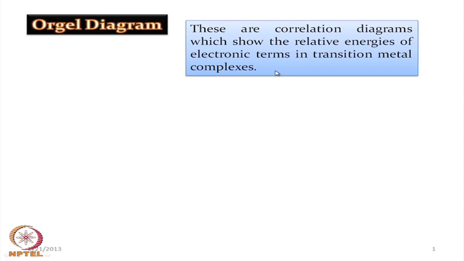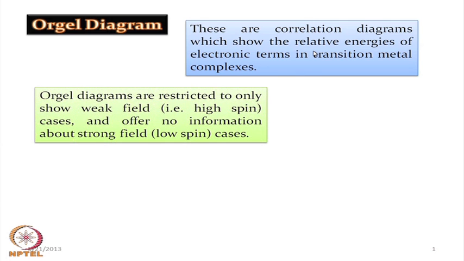That means involving one particular ground electronic term and the other one which is the excited one. So, we basically go for the correlation diagram for the relative energies of the electronic terms, how the relative energies of these electronic terms will change.